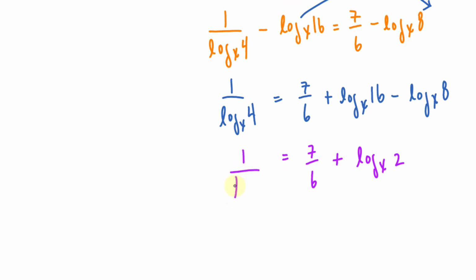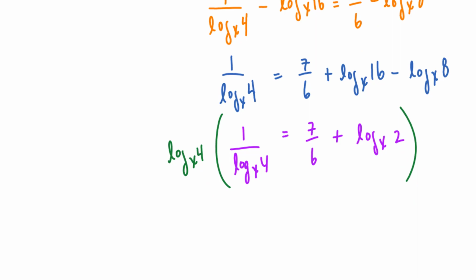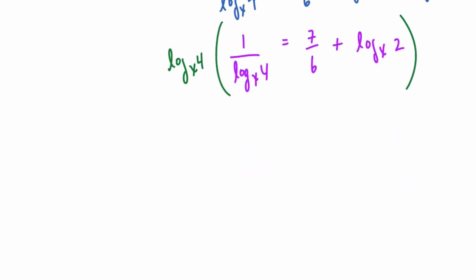And what I'll do next is get rid of this fraction by multiplying every term by the denominator, log base x of 4. So let's go ahead and multiply each of these terms by that factor. What this will do is eliminate the fraction here, giving us 1.